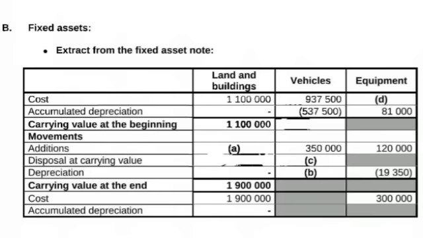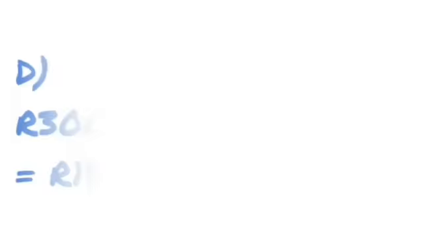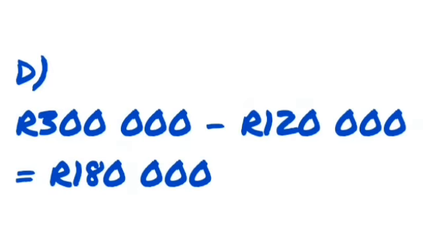My last calculation is D, which is cost at the beginning of the year for equipment. What I'm going to use is the additions of 120 and the 300,000 cost at the end. So what those two amounts are saying to me is that I took the cost at the beginning of the year, I added 120 to it, and it gave me 300 at the end. So to get the cost at the beginning, I just need to reverse those two amounts.